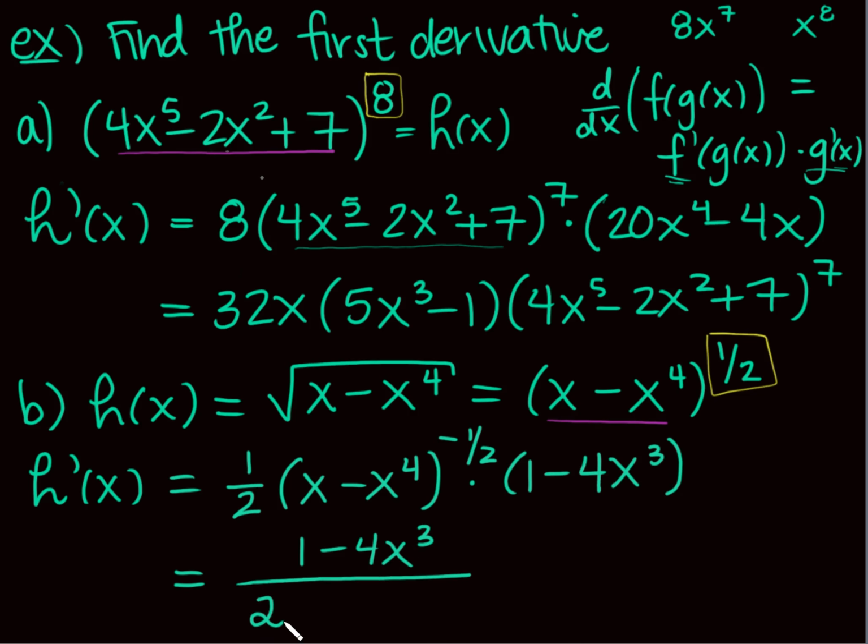But this guy is going into the denominator. This is 2. And then I could leave this as raised to the 1/2, or I could write the square root. I will accept either one. And that's what we got for the derivative. Again, bring the exponent down, take 1 away, leave the inside, and then multiply by the derivative of the inside. Okay, let's do a couple more.